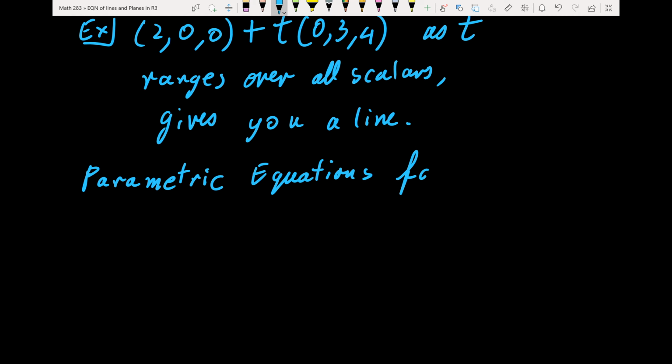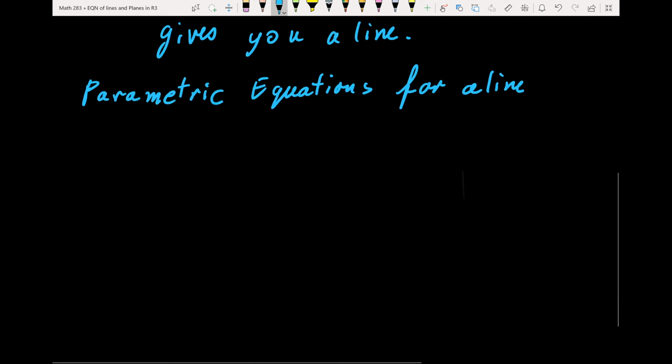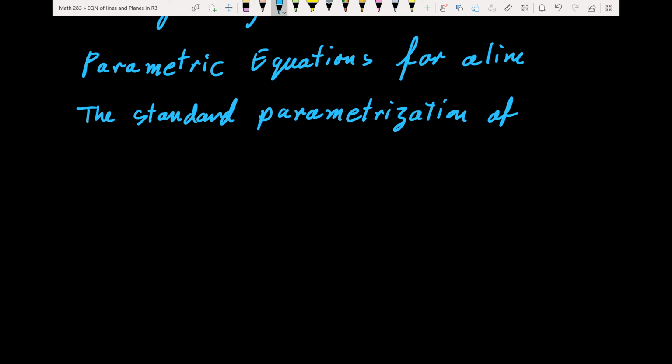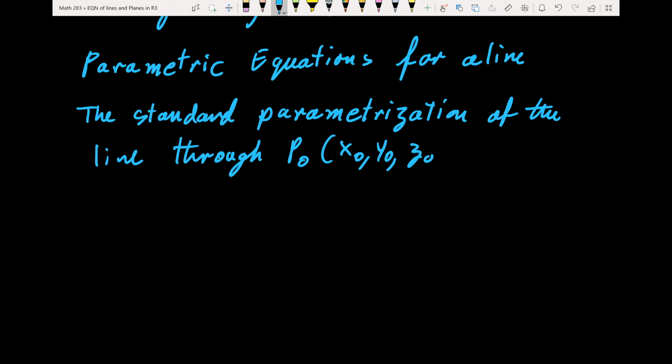Parametric equation for a line. That's what we'll be looking at. The standard parametrization of the line through P naught, x naught, y naught, z naught, parallel to v.